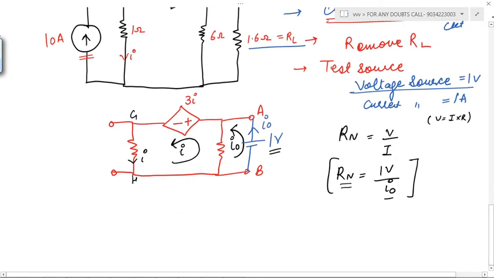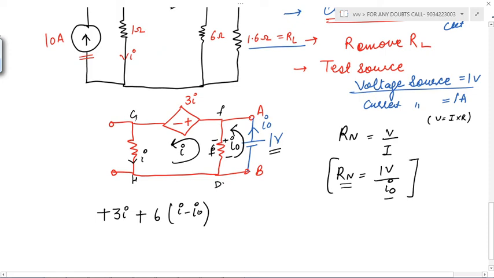Now apply KVL. Again, you are standing at the G position, and you need to move back to G. Whatever second sign comes in your path, you take that. G to F, the second sign is plus, 3I, right? Then the second sign is plus, resistance is 6, current is I minus I naught.